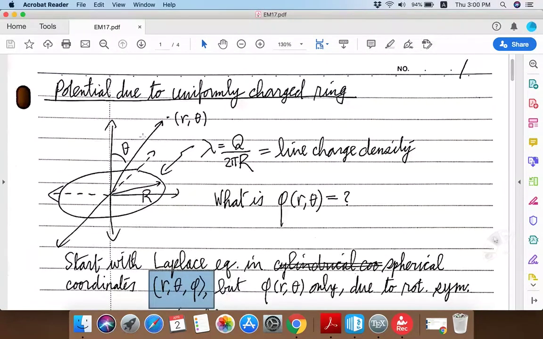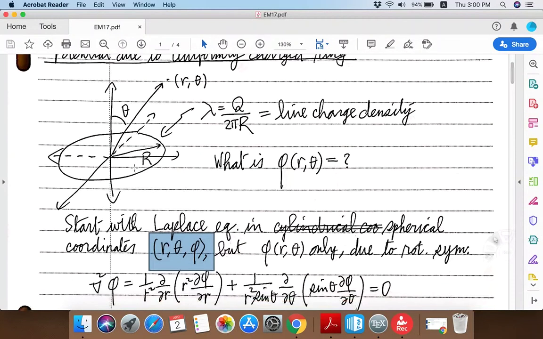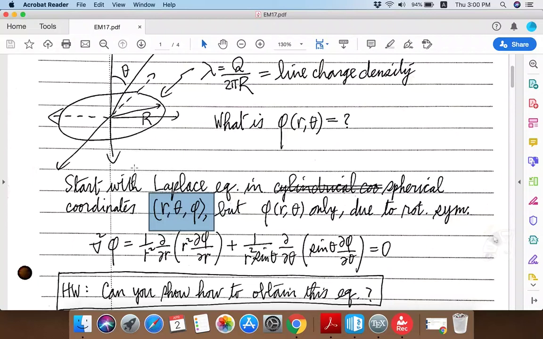In particular, theta is the angle from the North Pole, or the z-axis in this case, also known as the polar angle. And phi is the angle measured from the x-axis.